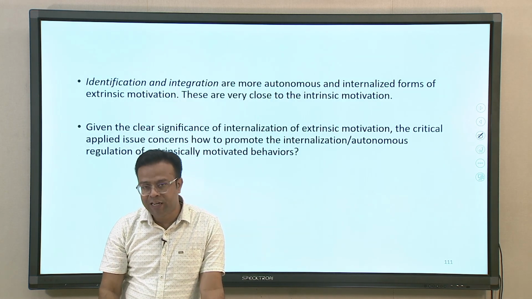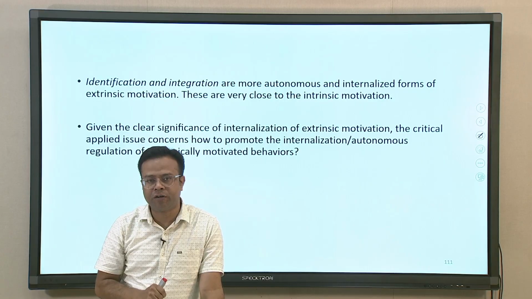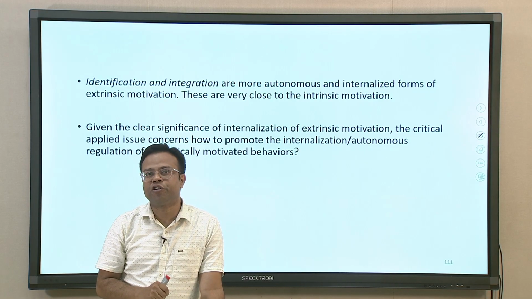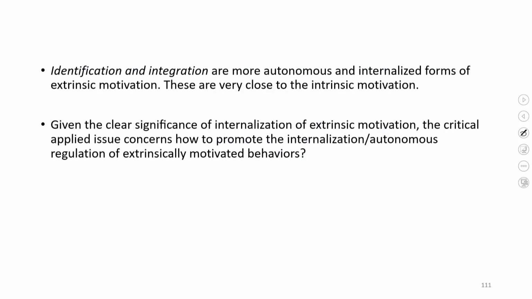If you see in this whole categorization, extrinsic motivation is not one thing. Some extrinsic motivation is actually very close to intrinsic motivation, especially identification and integration. These are more autonomous and internalized forms of extrinsic motivation.